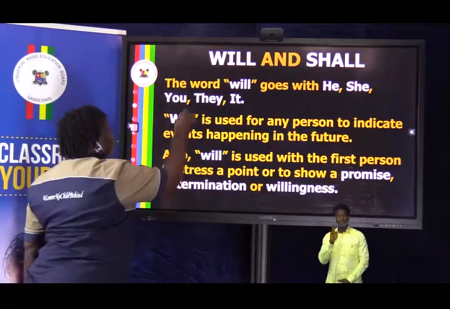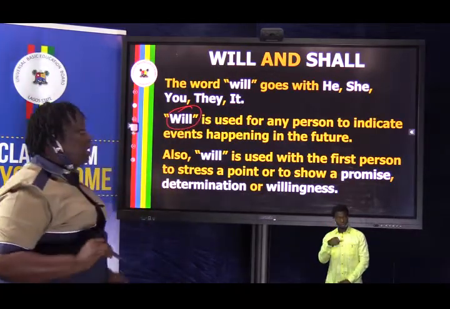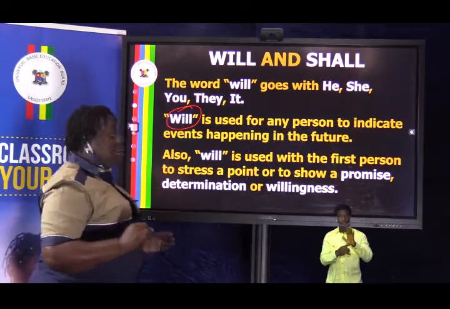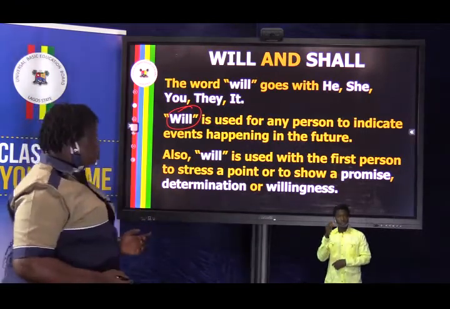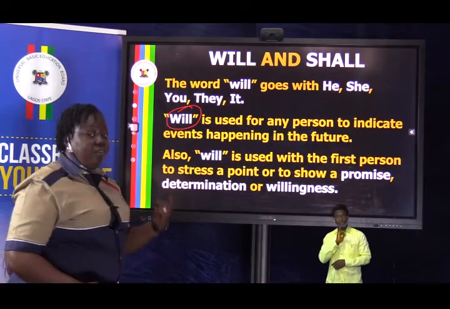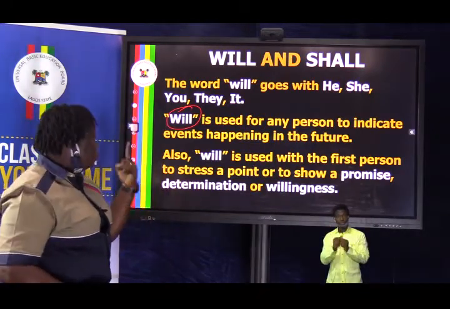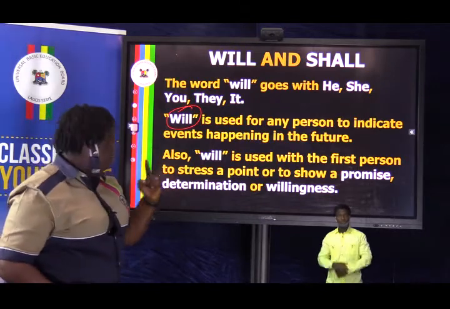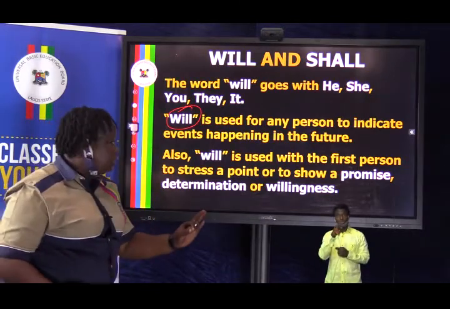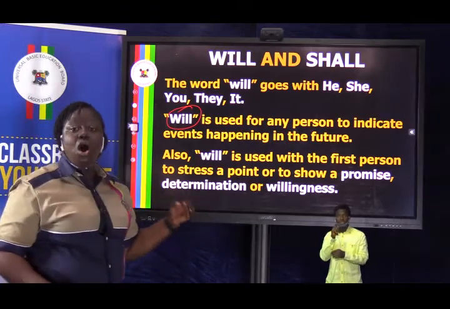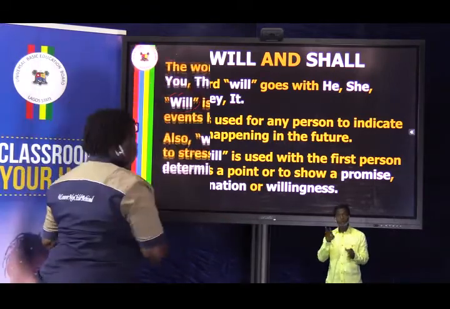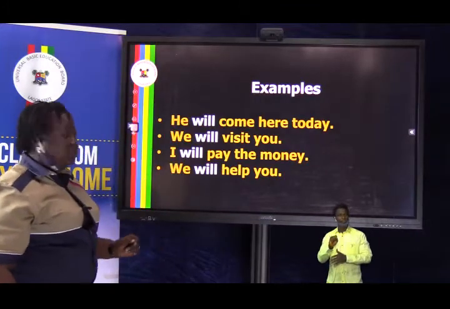You use will for any person to indicate events that are going to happen in the future. Also, will is used with the first person to stress a point or to show a promise, determination, or willingness. Examples.